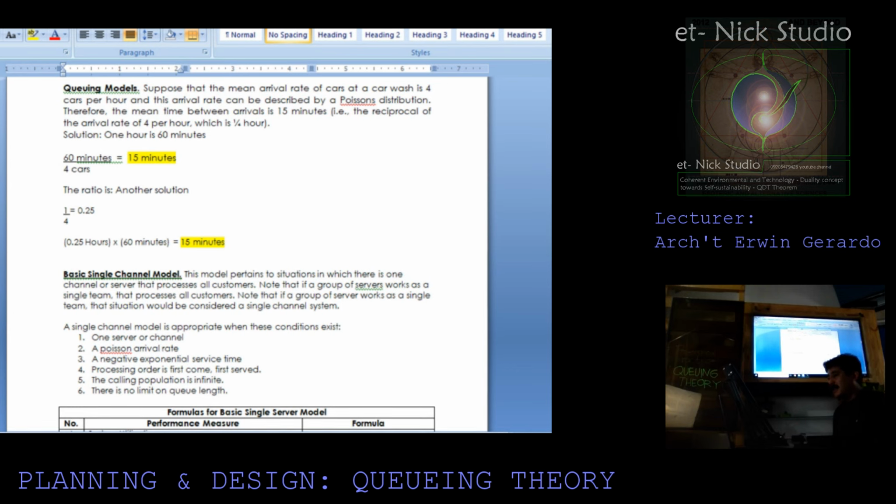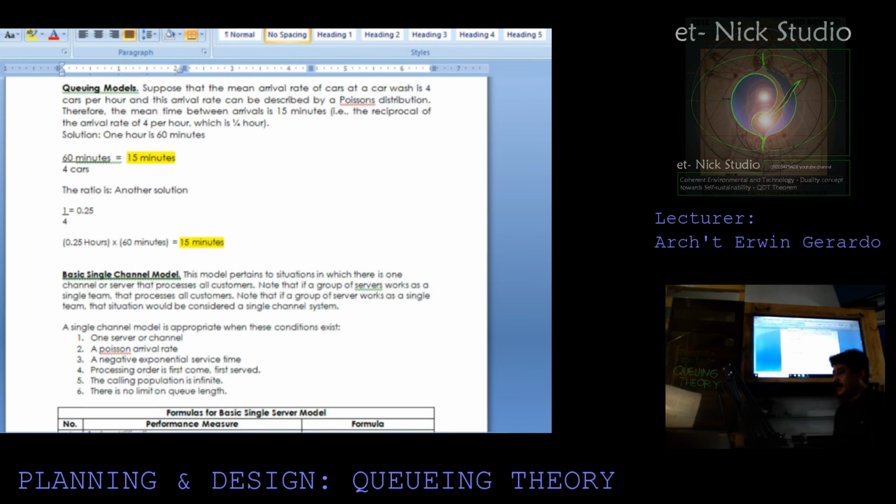Therefore, the mean time between arrivals is 15 minutes. For example, the reciprocal of the arrival rate of 4 vehicles per hour is 1/4 of an hour. So the solution here: 1 hour is equivalent to 60 minutes.